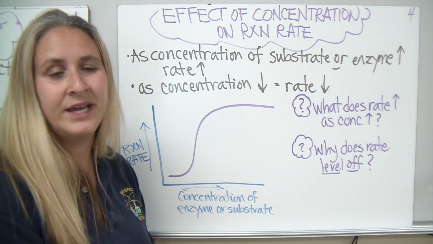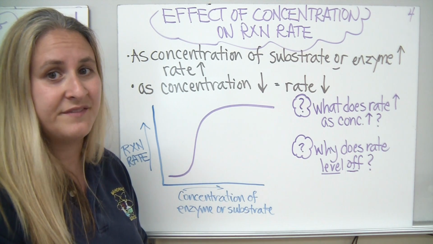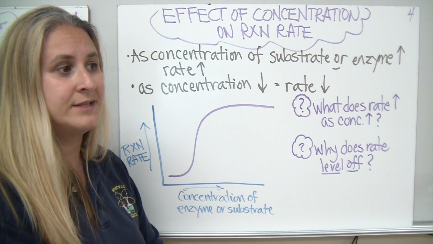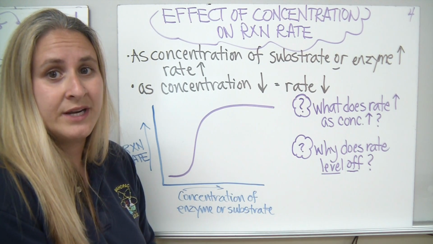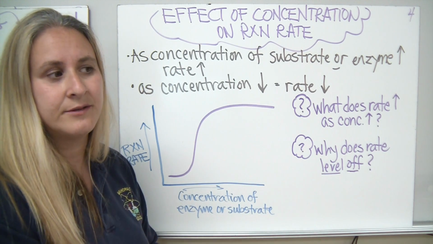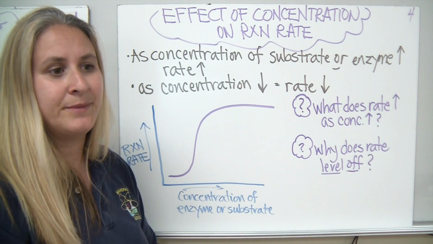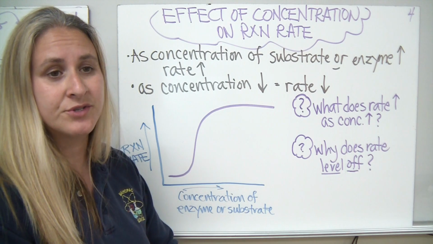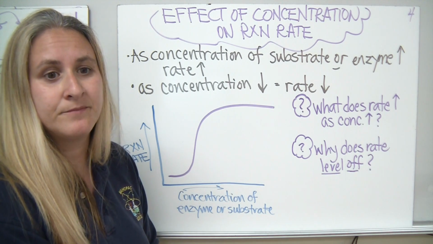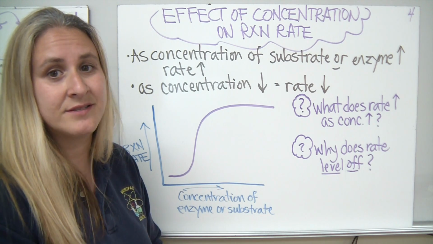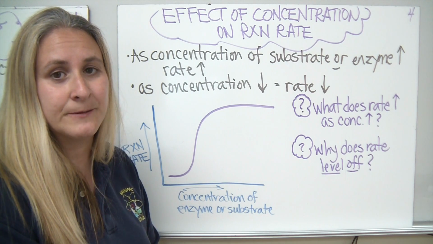It could be that the reaction just can't possibly happen any faster, no matter how much more enzyme or how much more substrate I add. Think of a factory making, let's say, iPods. If we have a factory making iPods and I add more workers, what could maybe limit them? It might be the speed of the machines. The machines just can't go any faster.